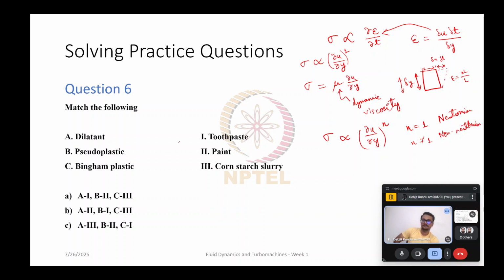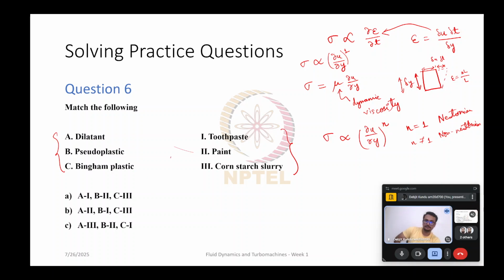So here are some examples of non-Newtonian types of fluids. And on the right hand side, we have some examples like toothpaste, paint, cornstarch slurry, things we see in day-to-day lives. So the types are dilatant, pseudoplastic, and Bingham plastic. And the examples are toothpaste, paint, and cornstarch slurry.